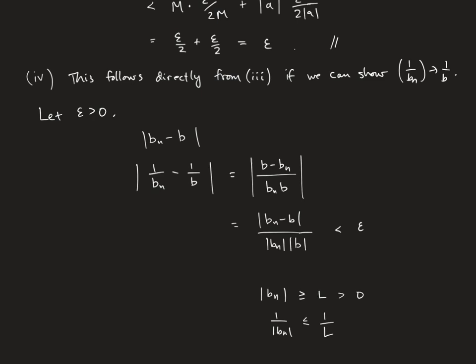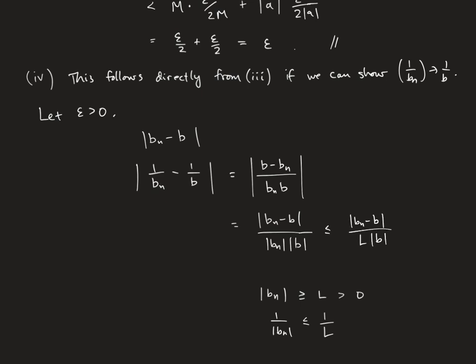So if I had that, then what we would have here is that this is less than or equal to the bn minus b over L times absolute value of b.